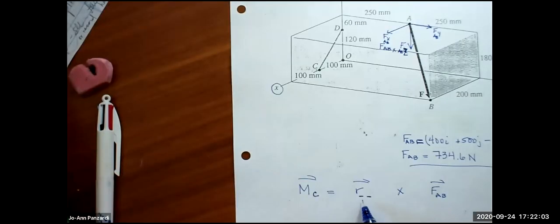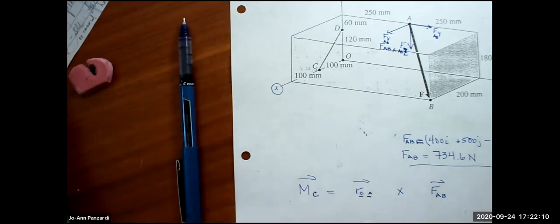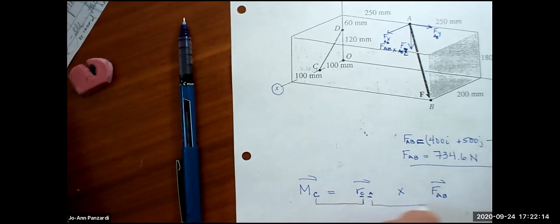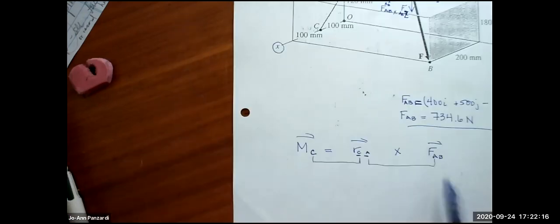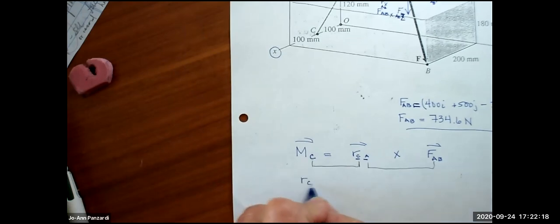From point A to C. Okay, the first point, again, C to A. The reason I remember this is I write this first. I just go from left to right. We already have FAB, so let's do RCA.